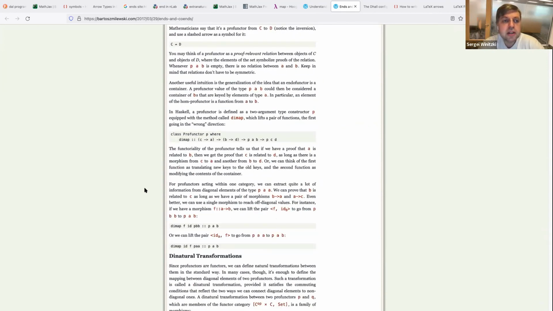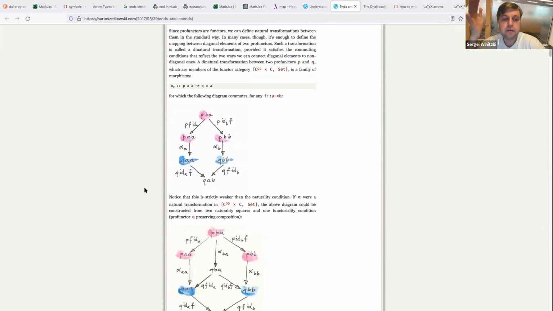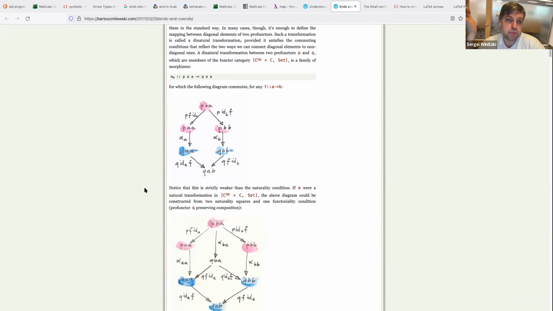So you don't need special naturality laws for this case. You just have naturality laws separately in each type parameter, which he draws as this hexagon, but doesn't have to draw it like that. It's just that you have separate naturality laws for two type parameters. There are only two squares actually to be drawn.